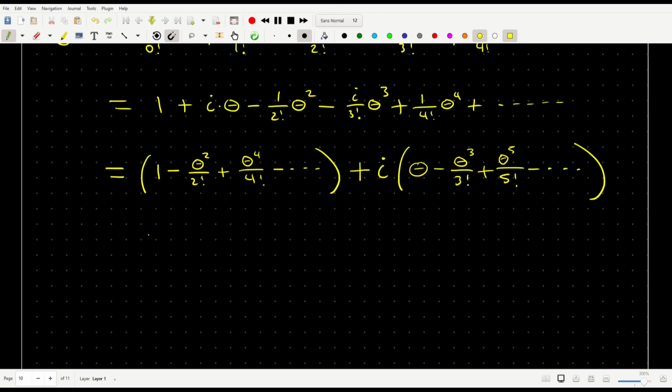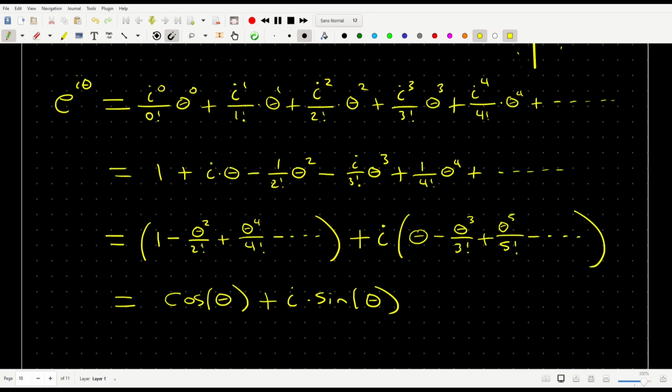And we can immediately recognize this as the Taylor series for cosine of theta, and this as the Taylor series for sine of theta. And there you have it.